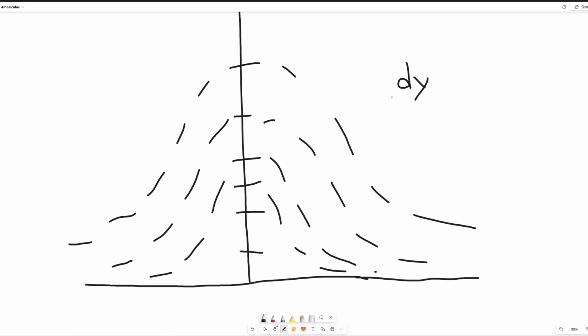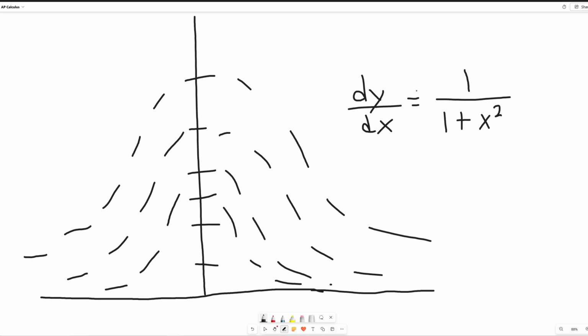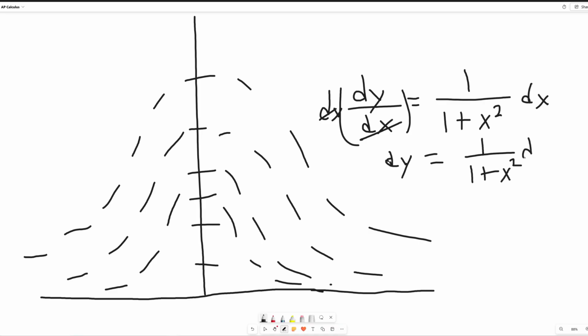So you'll have dy over dx, and in this case, I drew 1 over 1 plus x squared. How do I know this is 1 over 1 plus x squared? Well, first you have to integrate this. You can move the dx over to this side, a little taste of separation of variables, so dy equals 1 over 1 plus x squared dx.